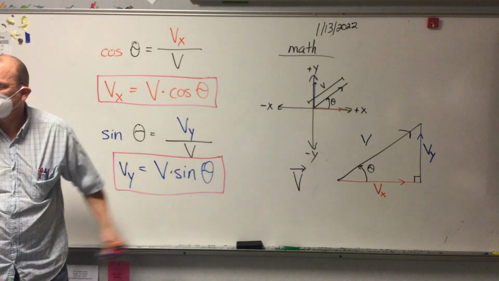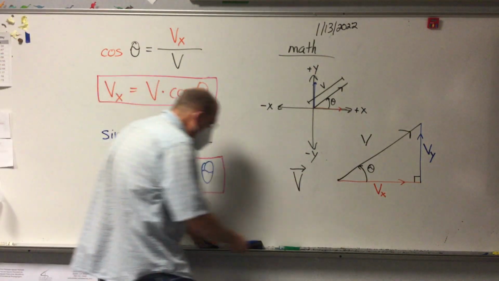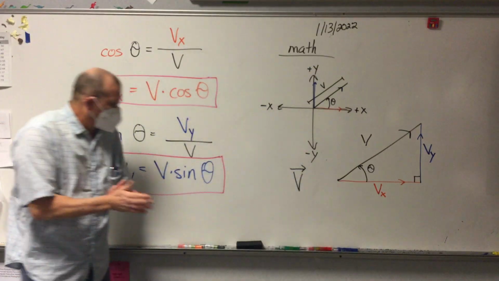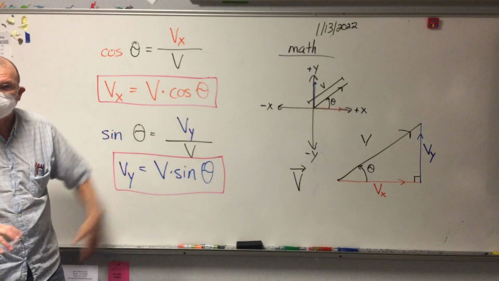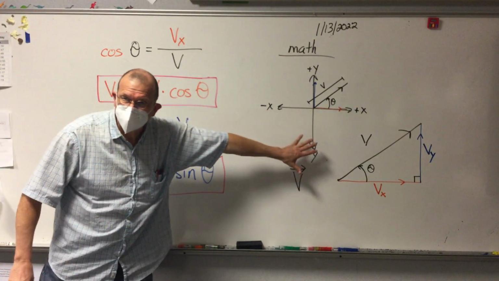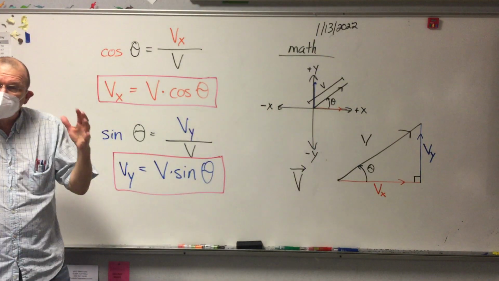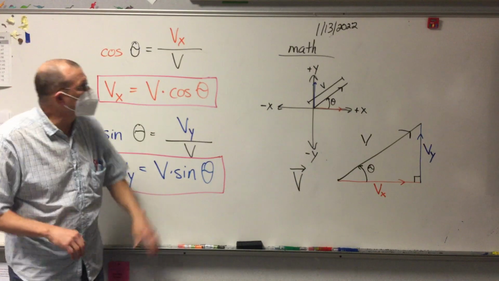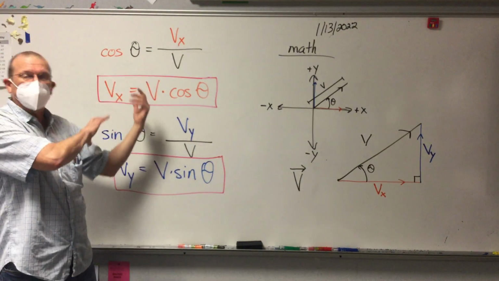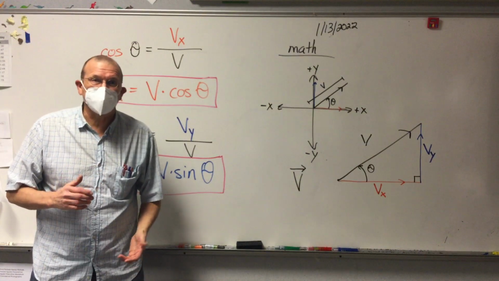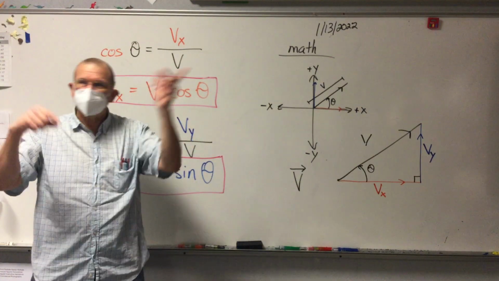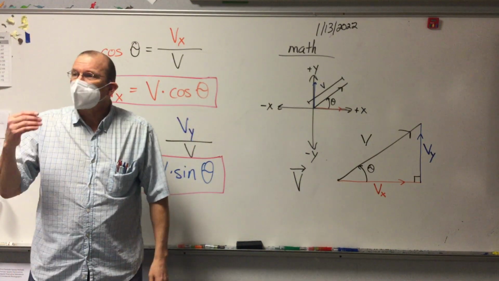Now I am going to box these two guys in red. Never forget this, okay? These two equations and the concept are the critical thing you need to be comfortable with to transition from playing with vectors graphically, which I think people like because they go, oh, I'm looking at pictures, I can see arrows point in different directions.